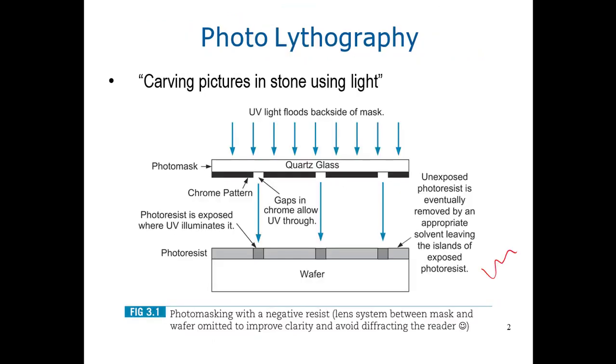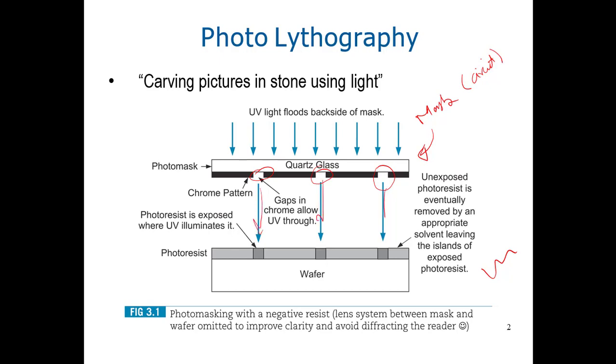So this is a nice picture which shows how ultraviolet light is used to transfer your circuit. Here is the mask, which is a capture of your circuit, and it has areas which allow the light to pass.